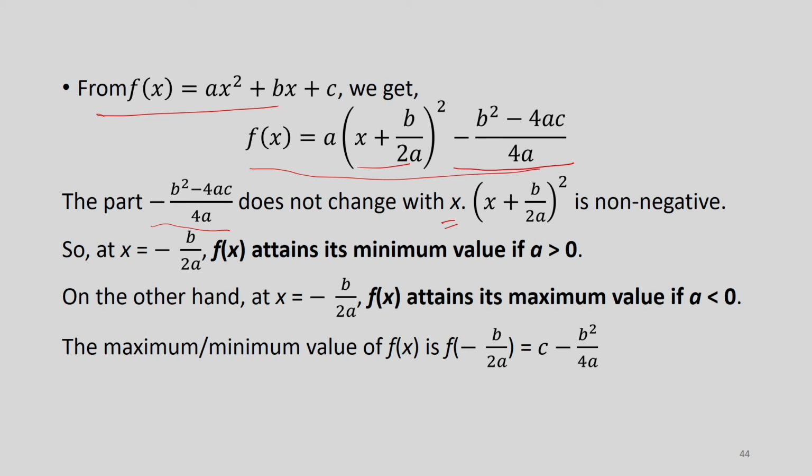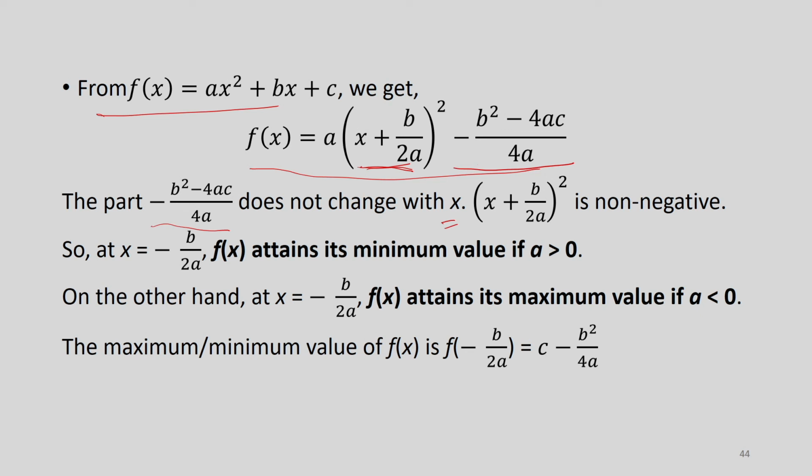Okay. So, from these two observations, we can make the following conclusion, that suppose x is equal to minus of b by 2 a, in that case the first part becomes 0, okay. In that case, f(x) attains its minimum value if a is greater than 0.